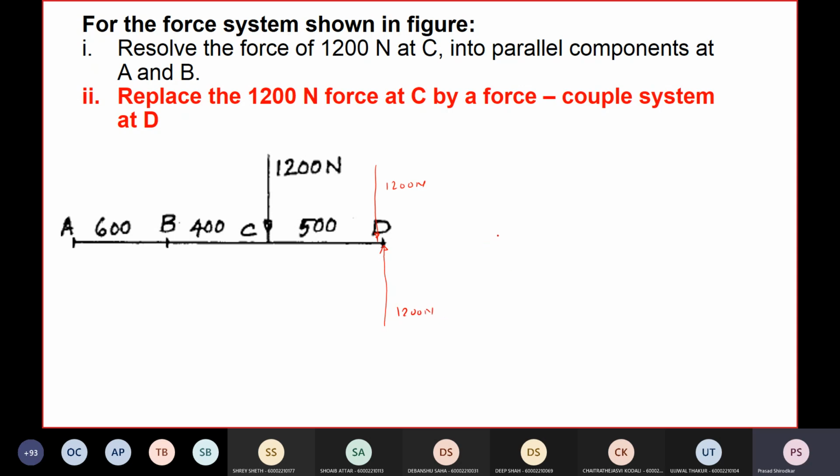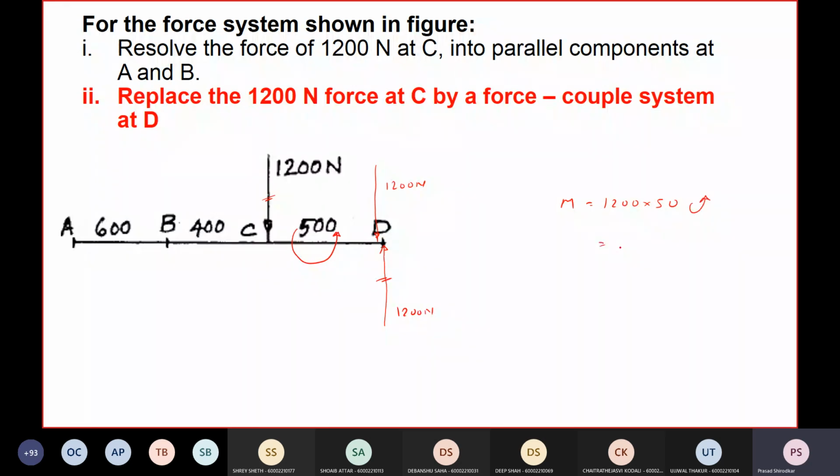These two are opposite, so the moment becomes 1200 into 500, and it is in which direction now? The sense of rotation is in this way, so it is in counterclockwise direction.